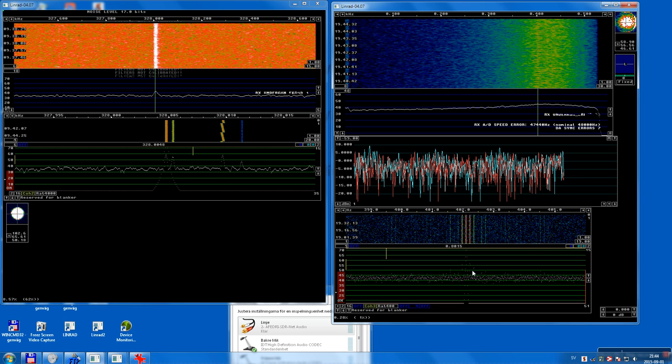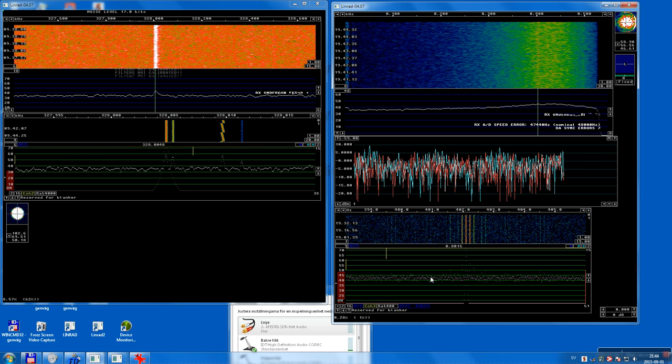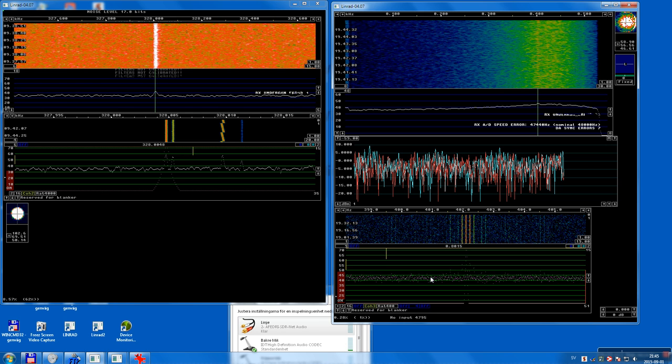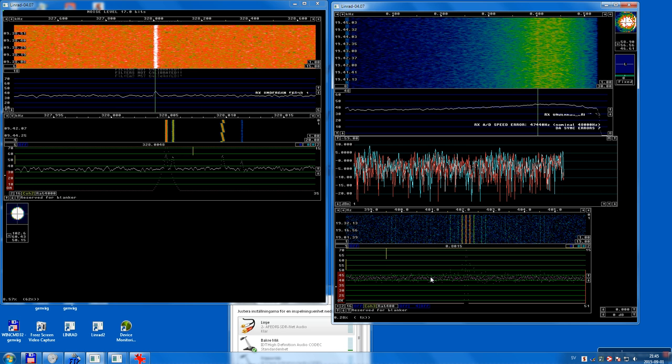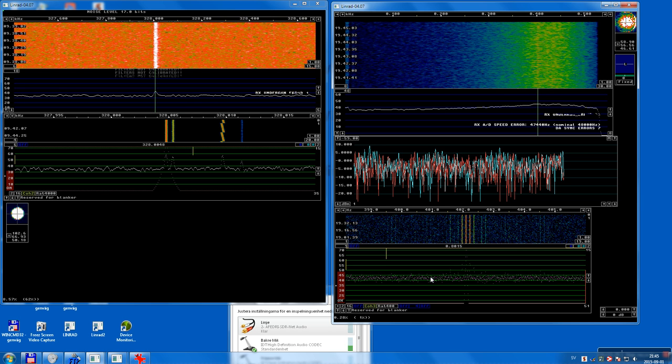Here the signal is at 60 and the noise floor is at 42 something. So that is 18 decibels. It means we could detect a signal easily that is about 8 decibels weaker than this beacon.